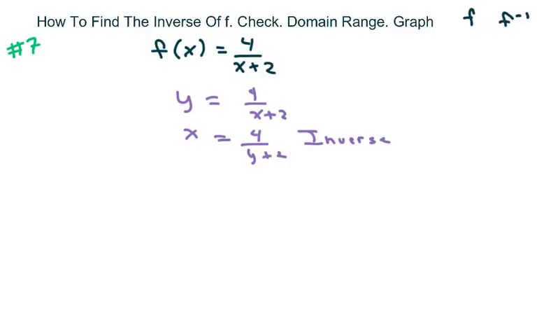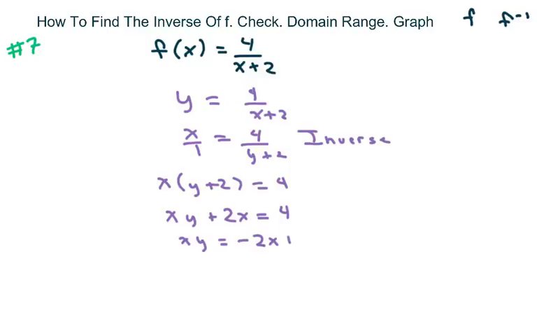So we cross multiply, and we have x times y plus 2 equals 4, and this would be xy plus 2x equals 4. So we're going to subtract the 2x and then divide by x. And this is your inverse.